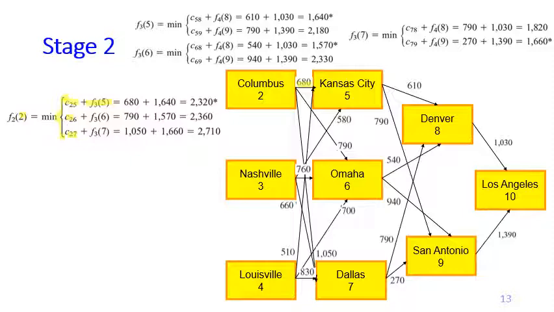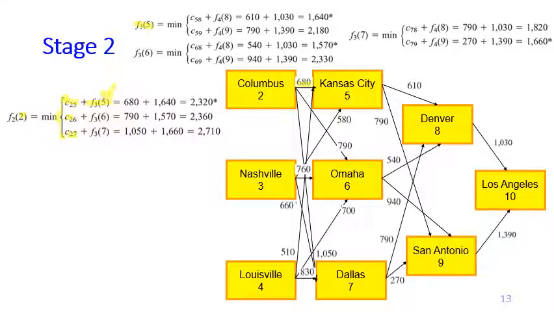And then if we decide to go from Columbus to Kansas City, the total distance would be C25, the distance between Columbus to Kansas City itself, and then add the distance from Kansas City, City 5, to Los Angeles.